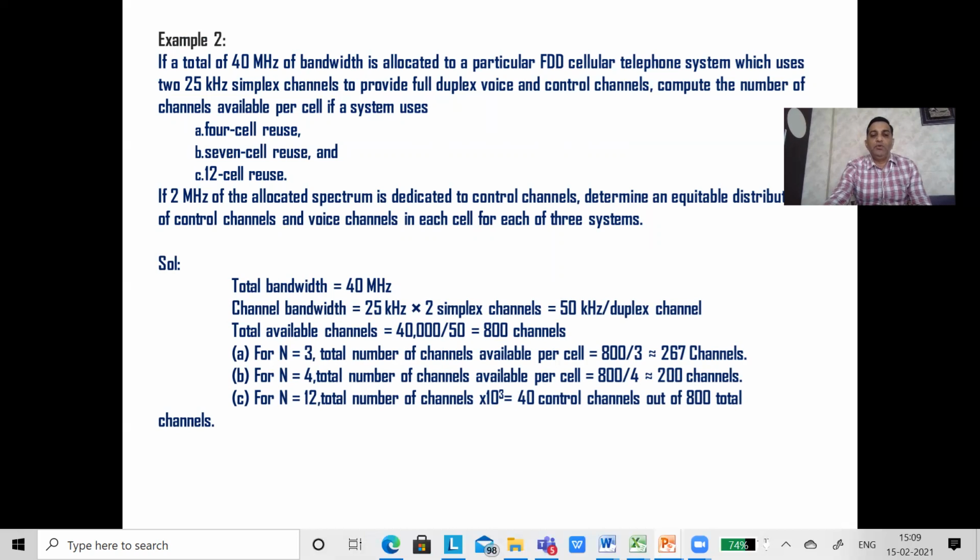So for n is equal to 3, the total available number of channels per cell is 267. For n is equal to 4, the number of channels available is 200. For n is equal to 12, total number of channels into 10 raised to 3, that is equal to 40 channels out of 800 total channels.